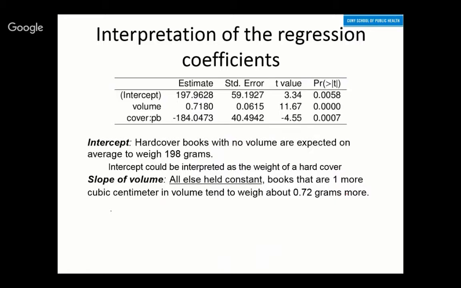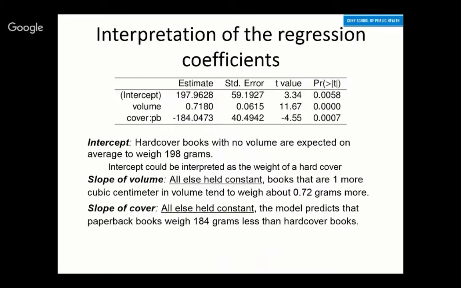And then the slope for volume means that with everything else held constant, only the cover type in this case held constant, for 1 additional cubic centimeter of volume, it weighs 0.72 grams more. And this coefficient for cover paperback means that all else held constant, for 2 books of the same volume, paperback books weigh about 184 grams less than hardcover books. So this is your interpretation for coefficients of any additive model.